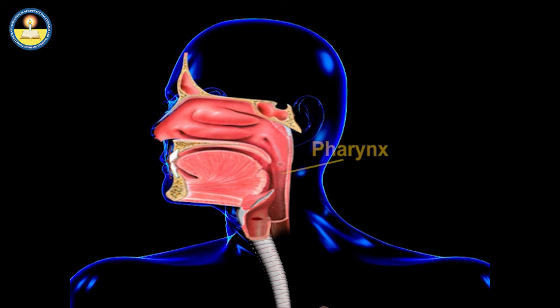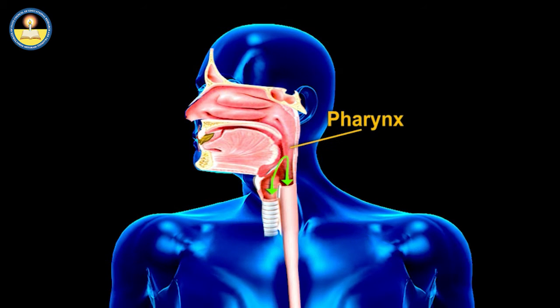The nasal cavity meets the pharynx at the back of the nose and mouth. The pharynx is also called the throat. From here, the passage bifurcates into the trachea and esophagus.